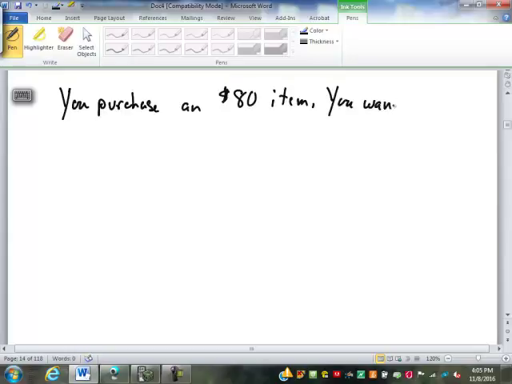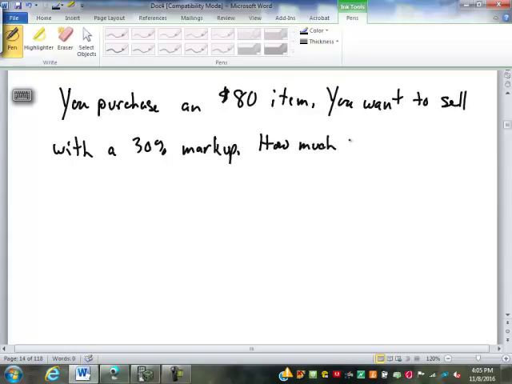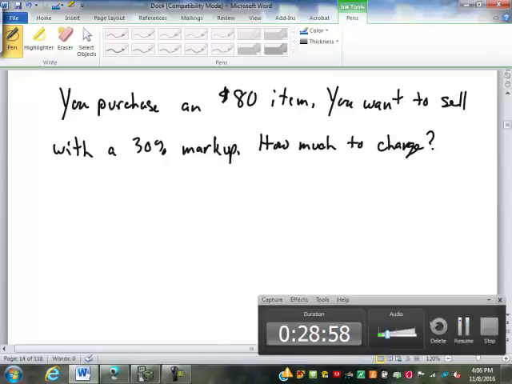You want to sell it with a 30% markup. How much do you charge? In your notes, see if you can figure that one out for me quick.